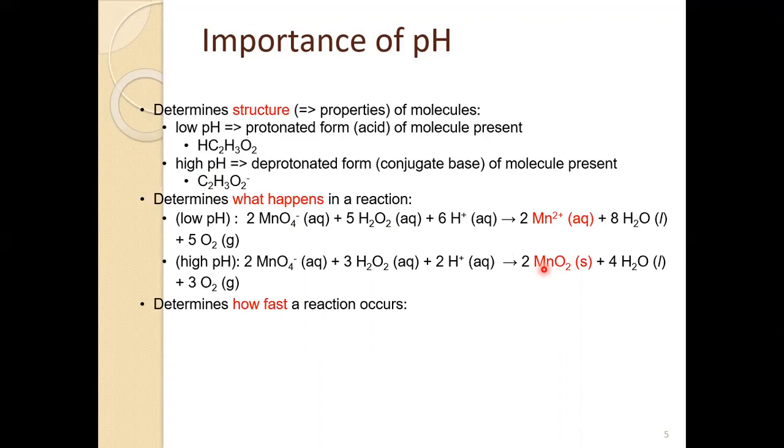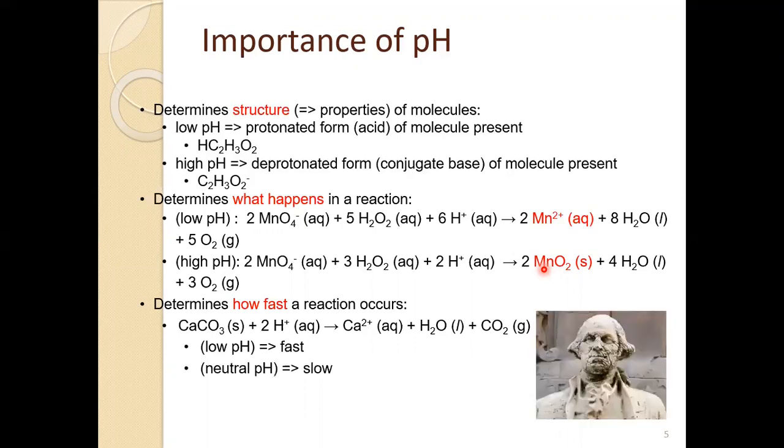It may also determine how fast a reaction takes place. At low pH, the reaction is very, very fast, whereas at neutral pH or more basic pH, the reaction still takes place, but it's relatively slow.